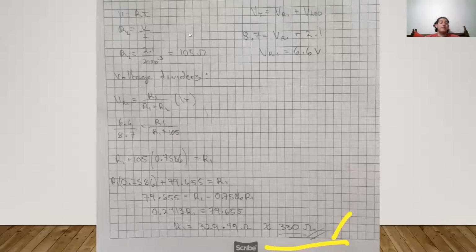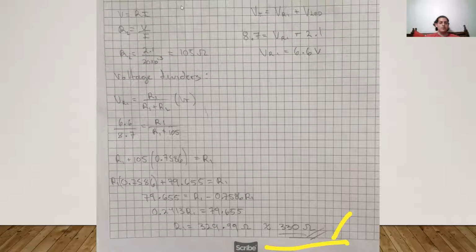What I first did is calculate the voltage in the first resistor. We know that the total voltage is equal to the voltage drops in each component of this circuit. There's an 8.7 total voltage and the LED works with 2.1 volts, so the voltage in the first resistor is 6.6 volts.